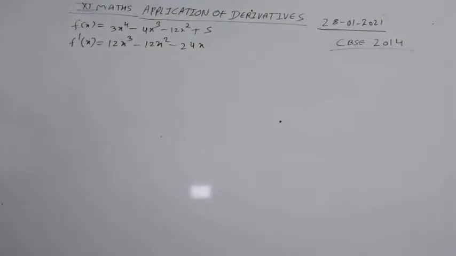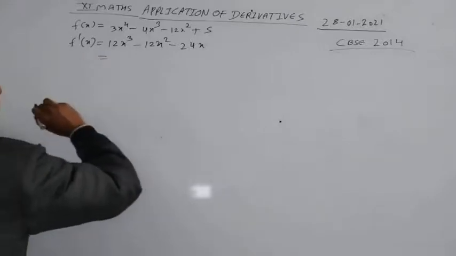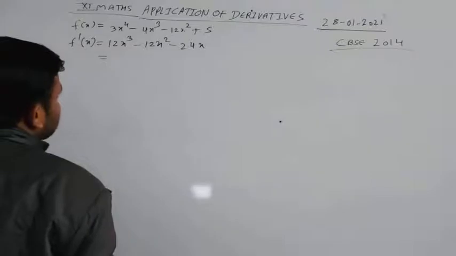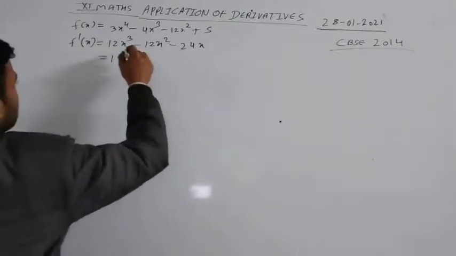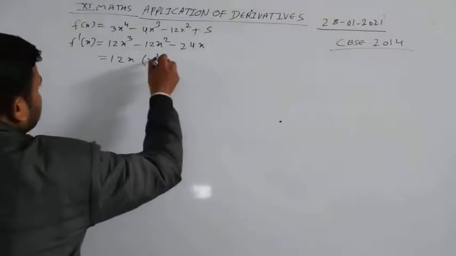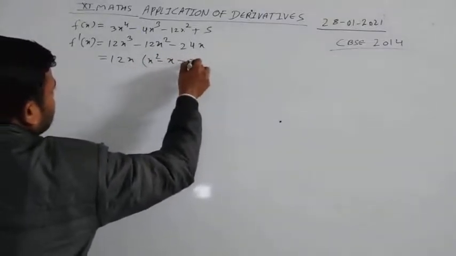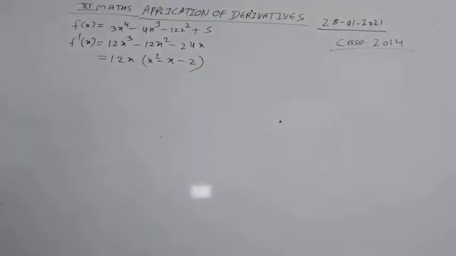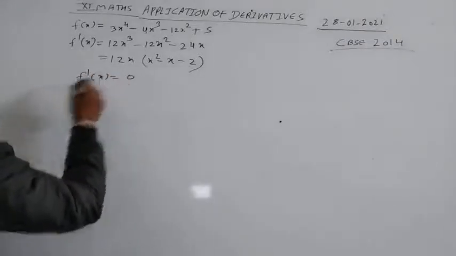Now we see that 12x is common, and the remaining term is x square minus x minus 2. Now for the critical points, we write f dash x is equal to 0.